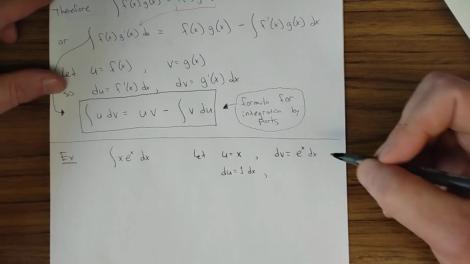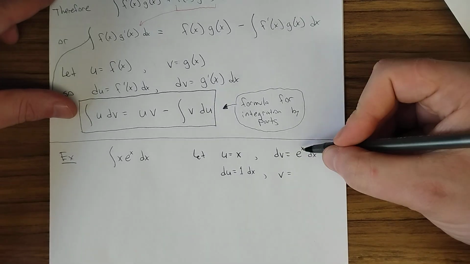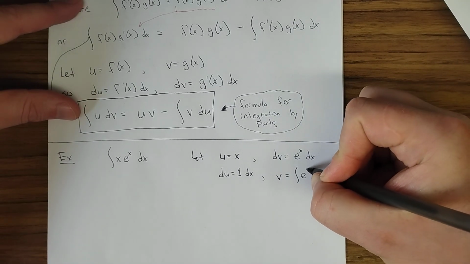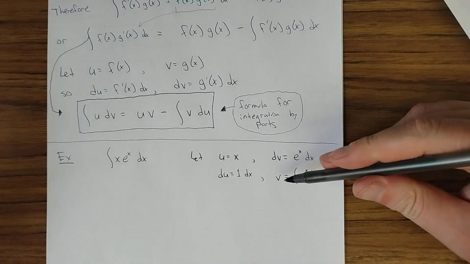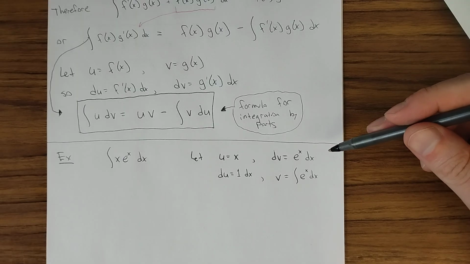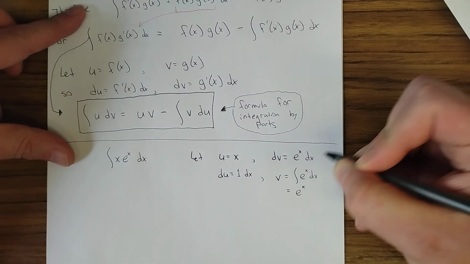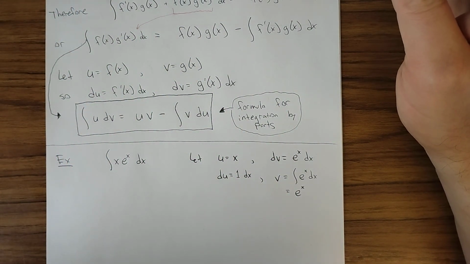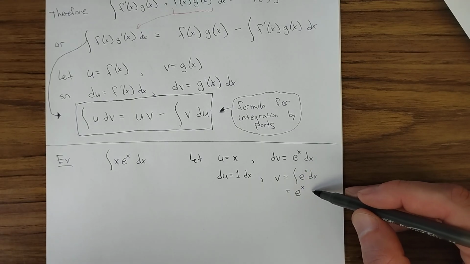I'm also going to want to know v. For that, I'm doing an antiderivative. Here, usually I don't go so far as to write this, but this is our first time. So v is the antiderivative of dv. This is going to be e to the x. And by the way, typically when I'm doing antiderivatives, if it's an indefinite integral, I put a plus c.